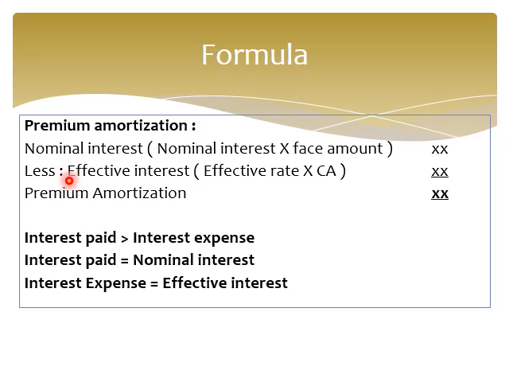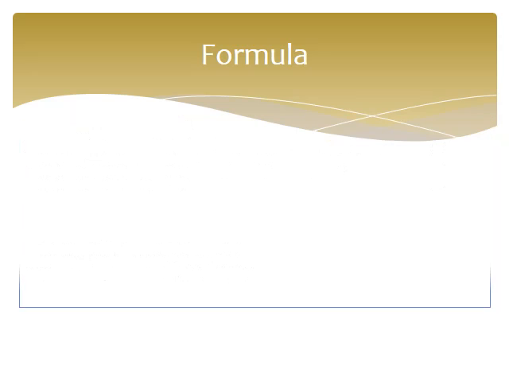Nung nagbayad tayo ng interest, ang journal entry nito, debit interest expense, credit cash. Pag merong premium, mas mataas yung interest paid, so kailangan natin bawasan si interest expense. Pag binawasan natin si interest expense, mababawasan din si premium on bonds payable natin.